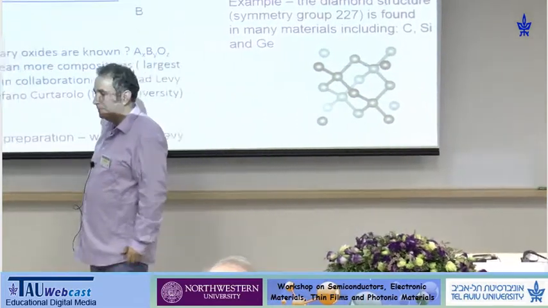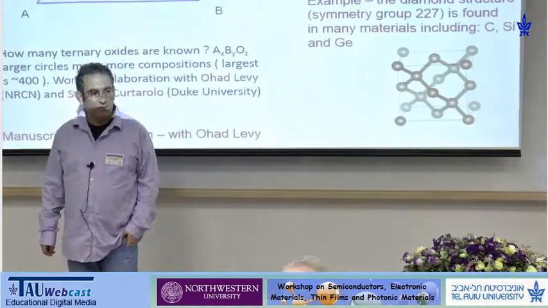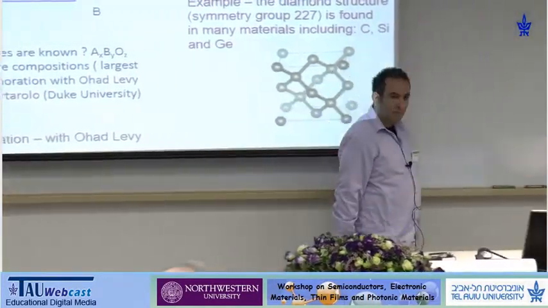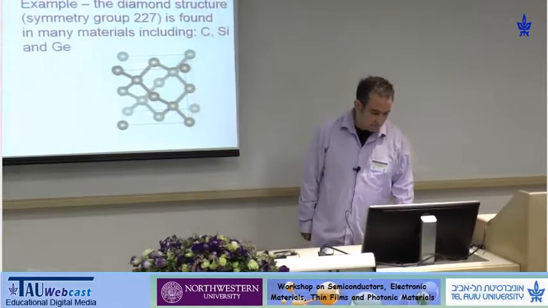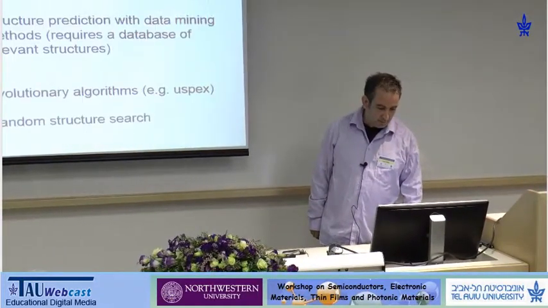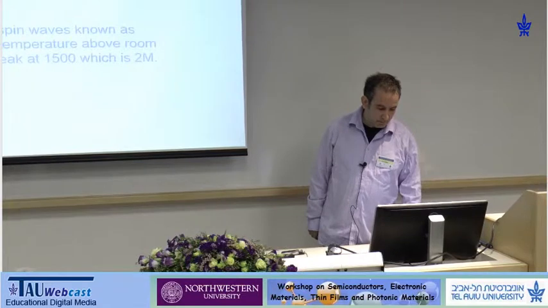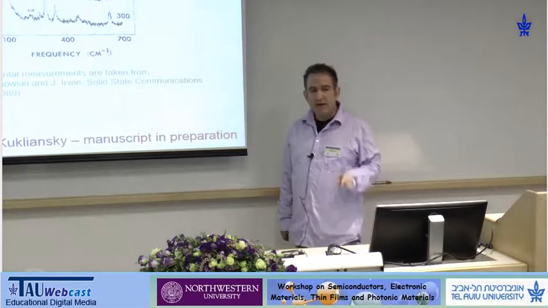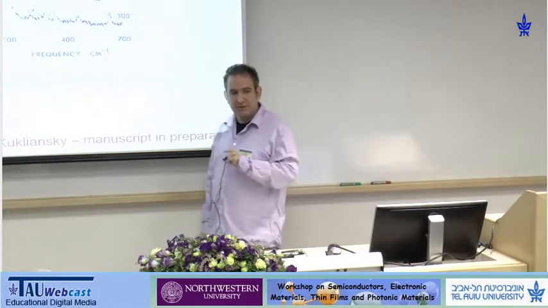Very quick question. You've shown how the spin configuration affects the Raman. Is it because the Raman is sensitive to spin configuration, or is it because spin configuration stabilizes a different structure, and a different structure naturally has a different Raman? We actually checked this, and it's not.